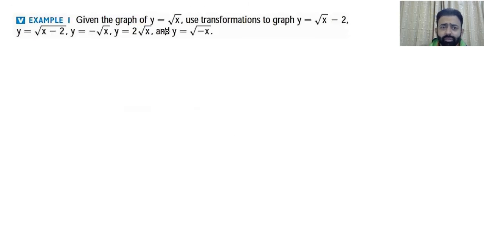So given the graph of y equal to root x, we have to use transformations to draw the graph of all these given functions. So let us draw the graph of root x. I'm just taking root x for all the positive values in order to define this to be a function.